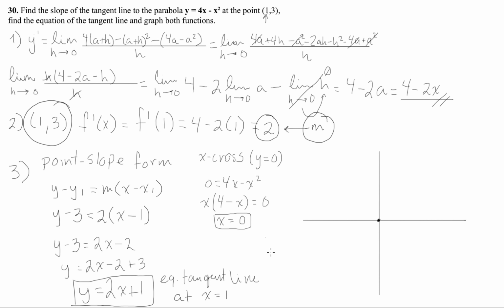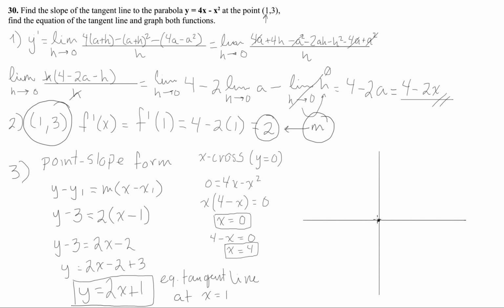Now let's find the other intercept. So it will be 4 minus x equals 0. So x is equal to positive 4.